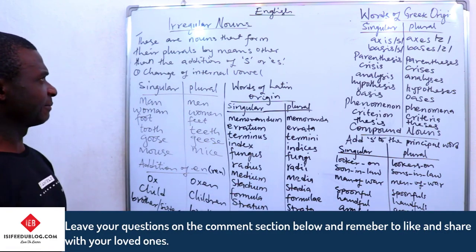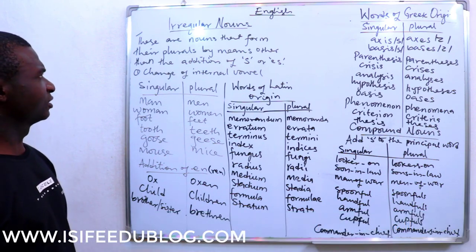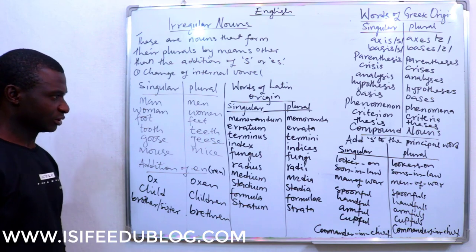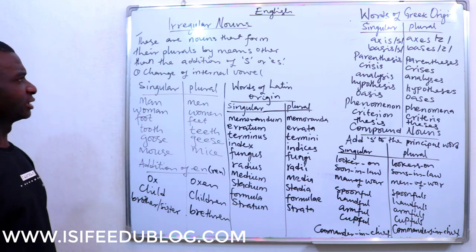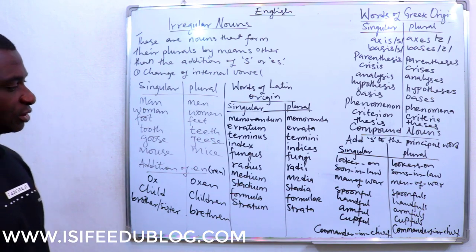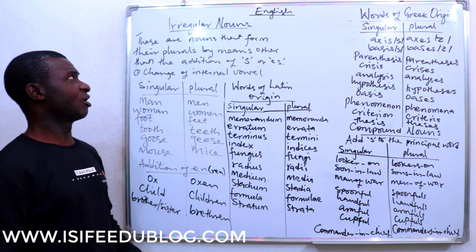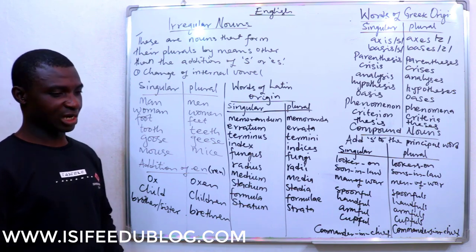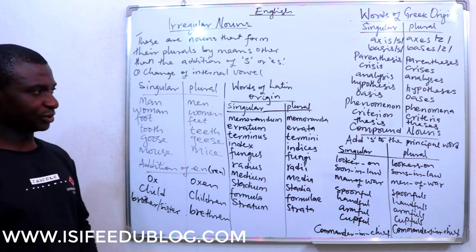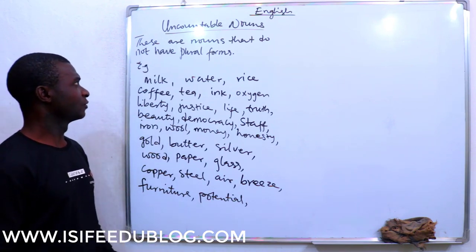So these are some of the things you need to know about the irregular nouns as we try to round off with the uncountable nouns.